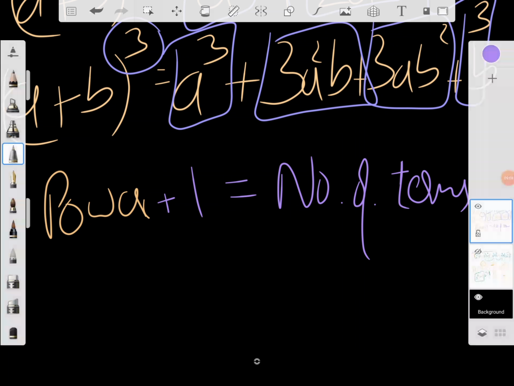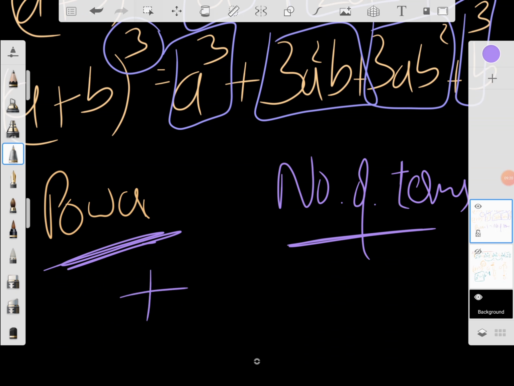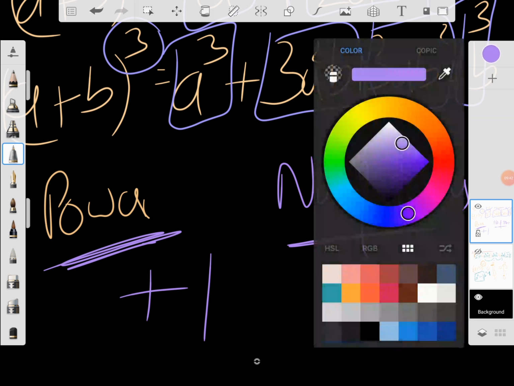Or in other words, whatever the power is, the number of terms will be power plus 1, one more than the power. For example, if you have a plus b to the power 5, you will have 6 terms. A plus b to the power 7, you will have 8 terms. I hope you are able to understand. This is a very important observation. Now with this observation we can find the general formula.